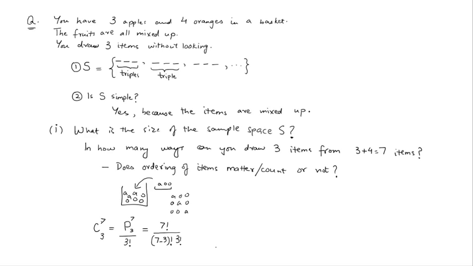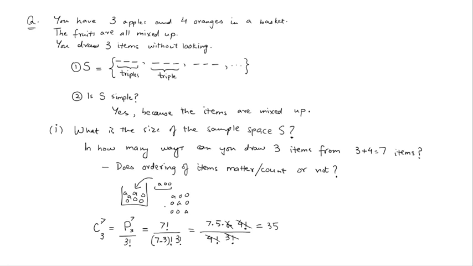That gives you the combinations formula, and the answer would be 7, 5, 6, 4 factorial over 4 factorial, 3 factorial. 4 factorial cancels out. 3 factorial is 6. 3 factorial and 6 cancel out, and you get 35 different ways.